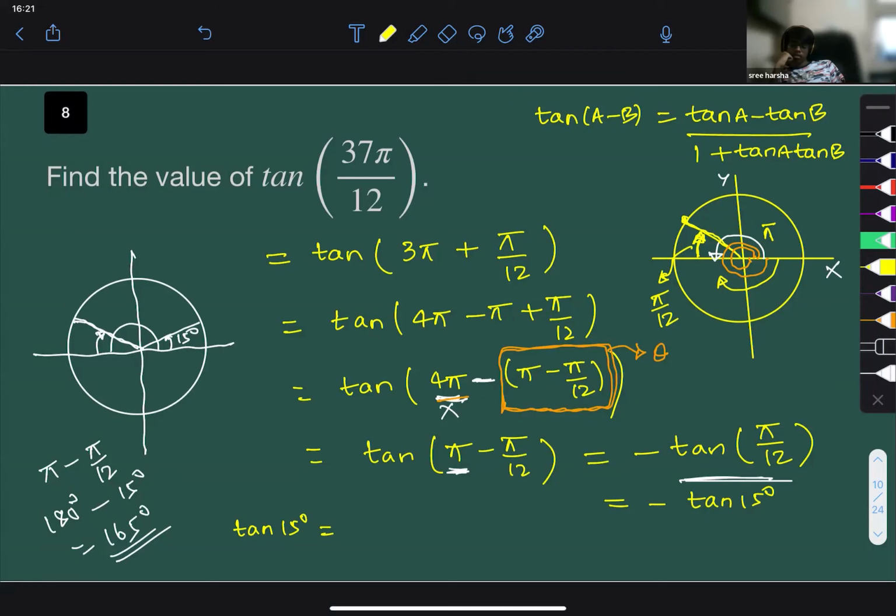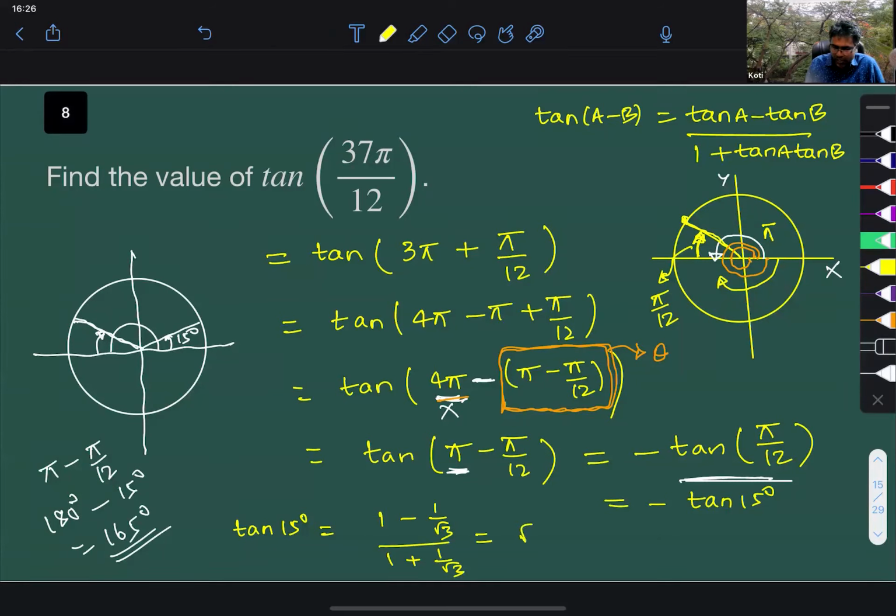Using tan A minus tan B over 1 plus tan A tan B, with tan 45 as 1 and tan 30 as 1 by root 3, this gives root 3 minus 1 by root 3 plus 1.